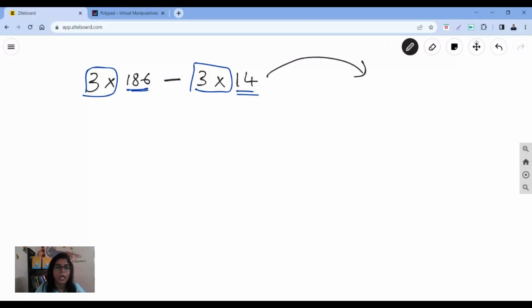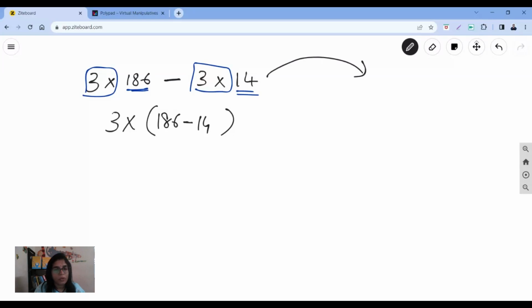Okay. Now, so what happens? How do we write this now? 3 times was distributed to what all numbers? The 186 and the 14. And the 186 and 14 was subtracted. Isn't it? 186 was subtracted.